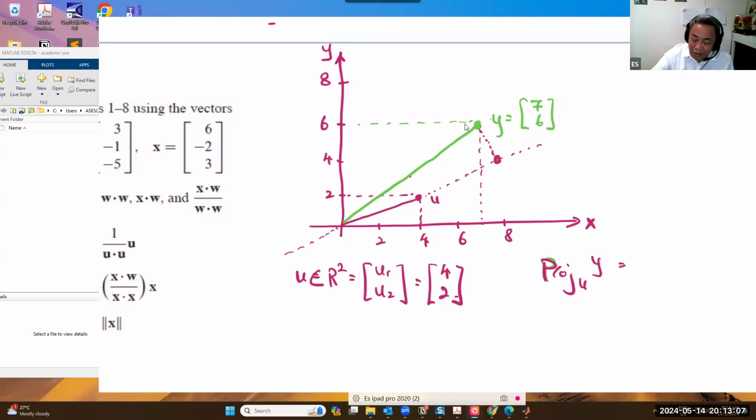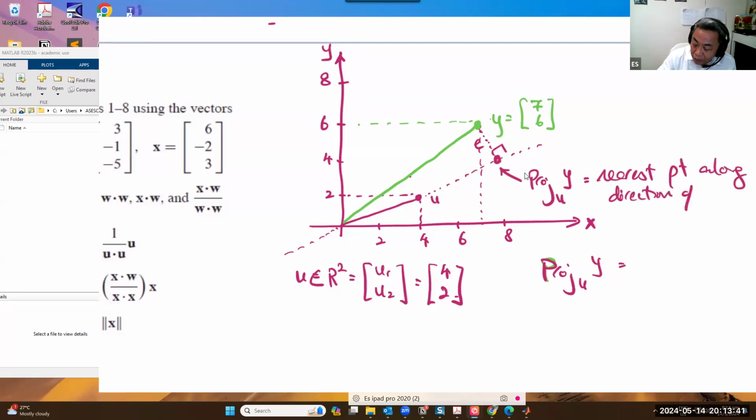And you realize that actually the idea is that the error is orthogonal. The error here, call this E, will be orthogonal to this vector here. And this vector here is called the projection of y onto u, which is the nearest point along the direction of u to y.